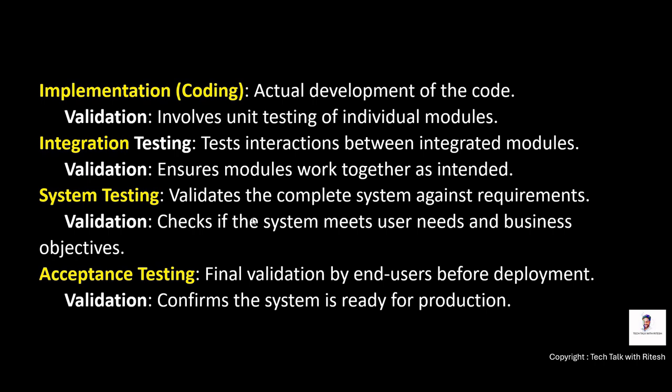Then we have system testing. It validates the complete system against requirements, and checks if the system meets user needs and business objectives. Then we have acceptance testing, the final validation by business users before deployment, which confirms whether the system is ready for production or not.